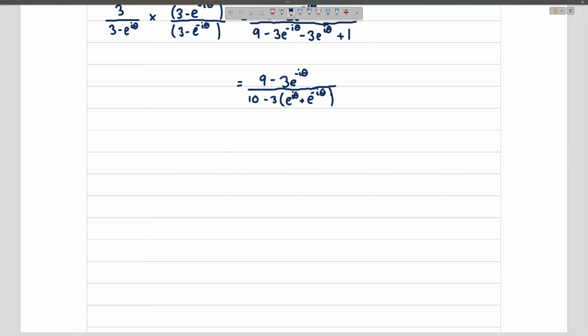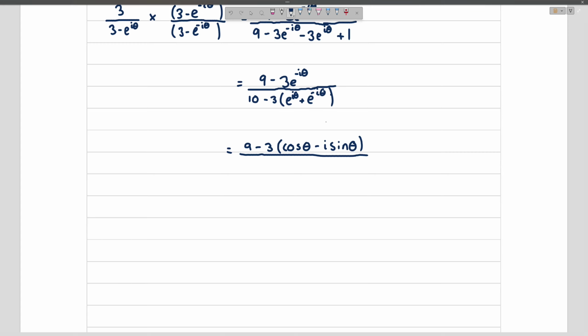So what I've got here is 9 minus 3 lots of cos theta minus I sine theta, all over 10 minus 3 lots of e to the I theta plus e to the minus I theta.